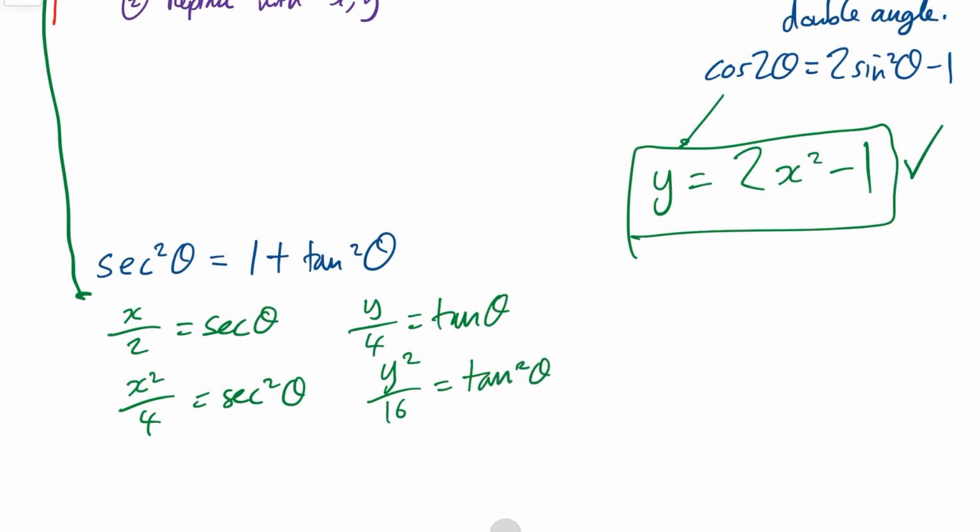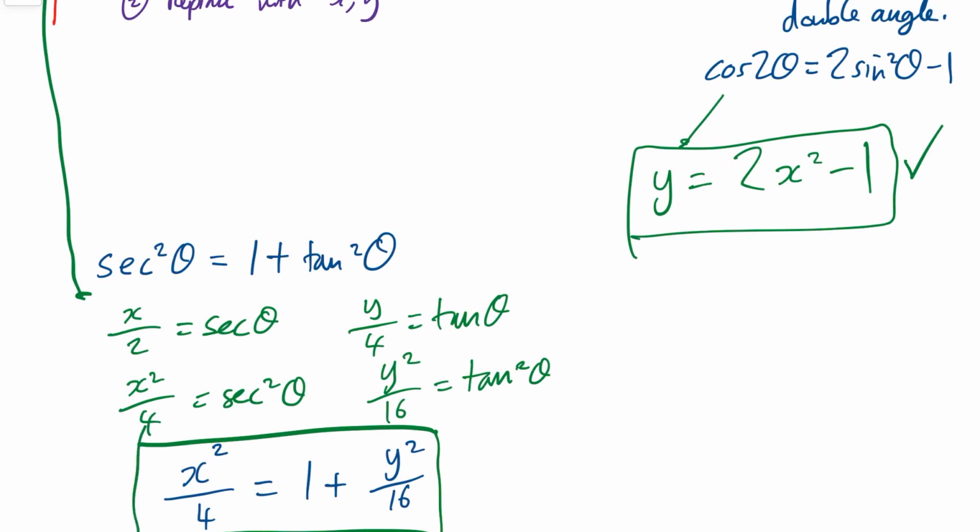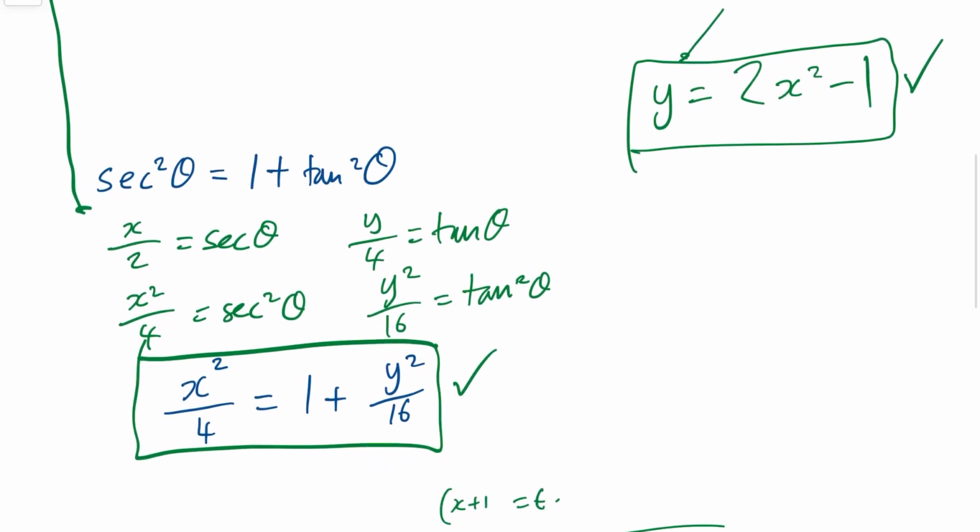And now we're ready to place things into the identity. So x squared over 4 equals 1 plus y squared over 16. Now this can be considered our final equation because we don't actually have to have things in a y equals format unless it specifically asks.